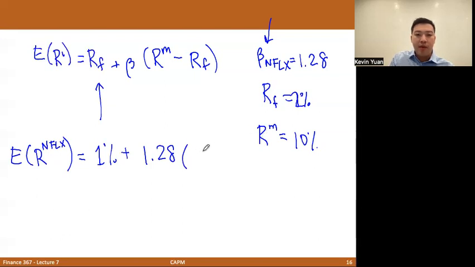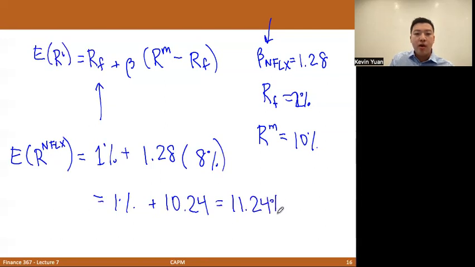Then the market risk premium is simply 10 minus 2, 8%. So this is 1%, 8 times 1.28 is 10.24, and that's going to be equal to 11.24%. So the capital asset pricing model predicts that the expected return of Netflix is going to be 11.24%.